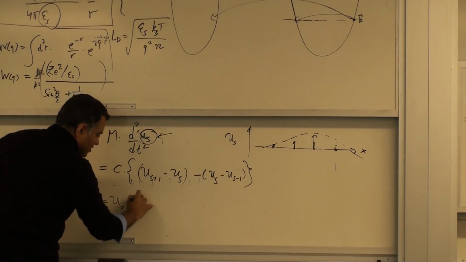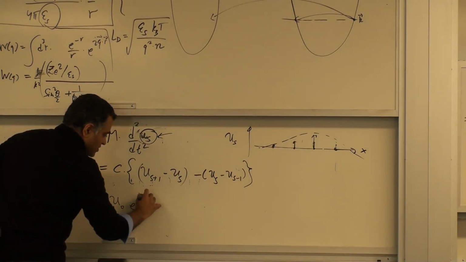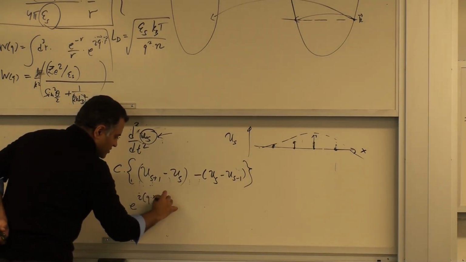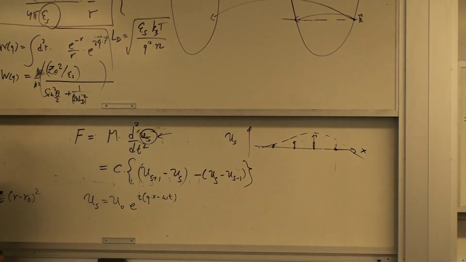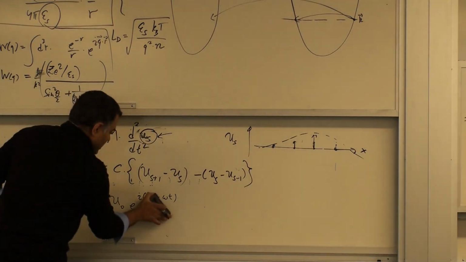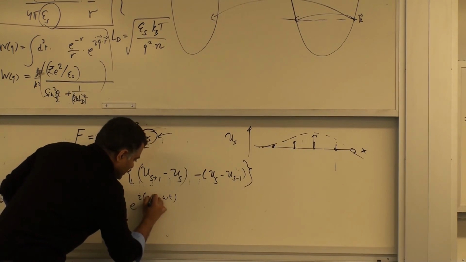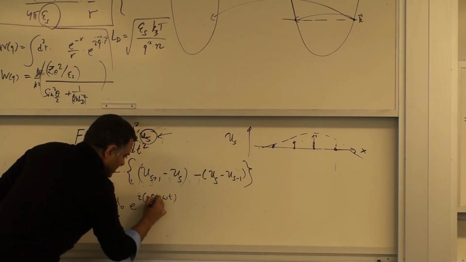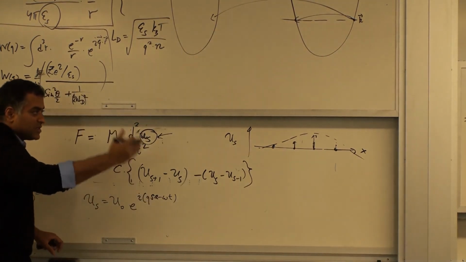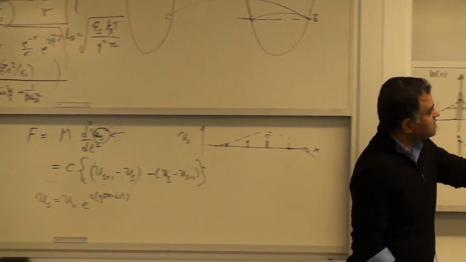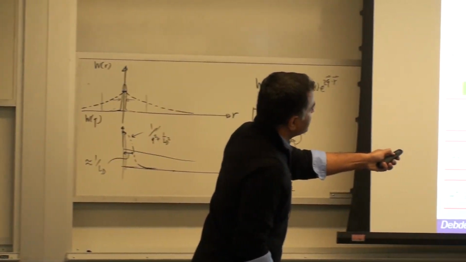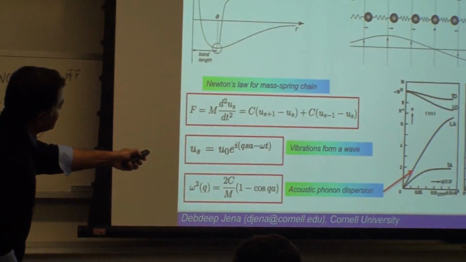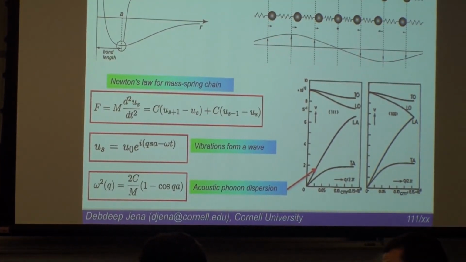A wave is always e to the power i, q times x minus omega times t. Just try that. What is the x? x is just the index s times the lattice constant a. These are the points at which the atoms sit. This is the x coordinate, so minus 2 times a, minus 1 times a, 0 times a, and all that. So that's just your x.